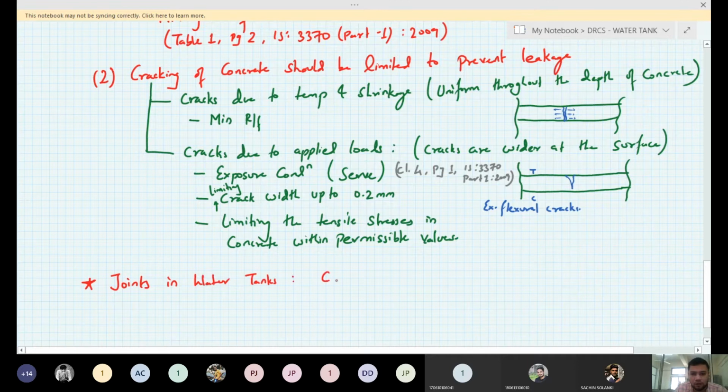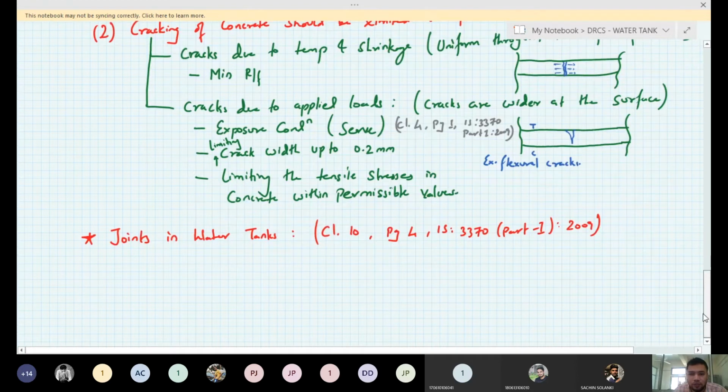This is given in the clause 10, page 4. You can refer the clauses given on page number 10, clause number 10.